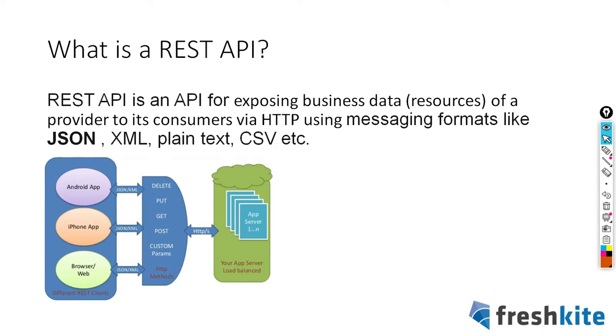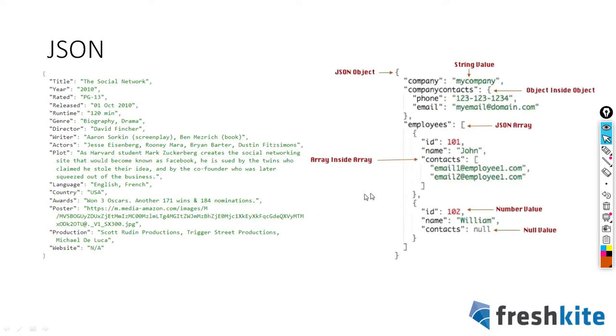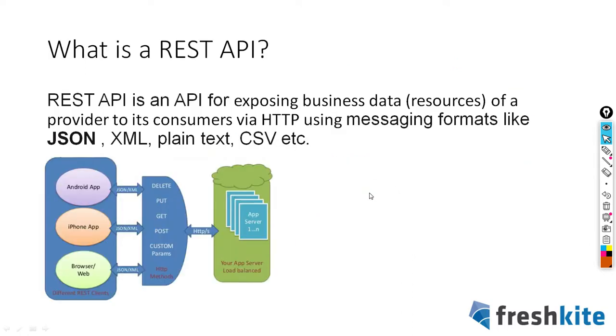Business data can be anything. Twitter can expose some of its APIs. For example, there is a broker called Zerodha, which is a stock market broker.